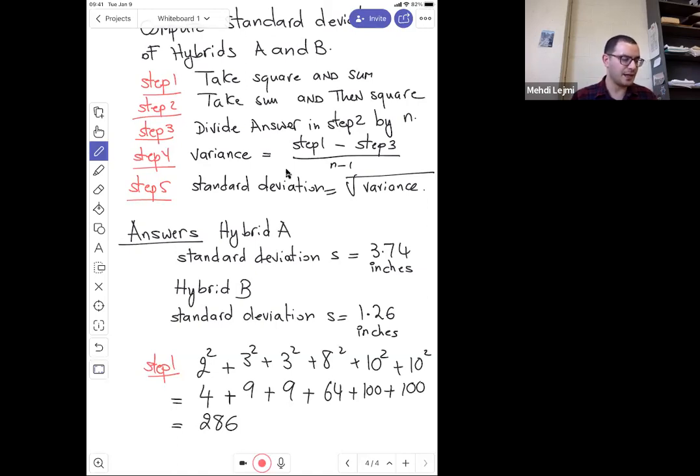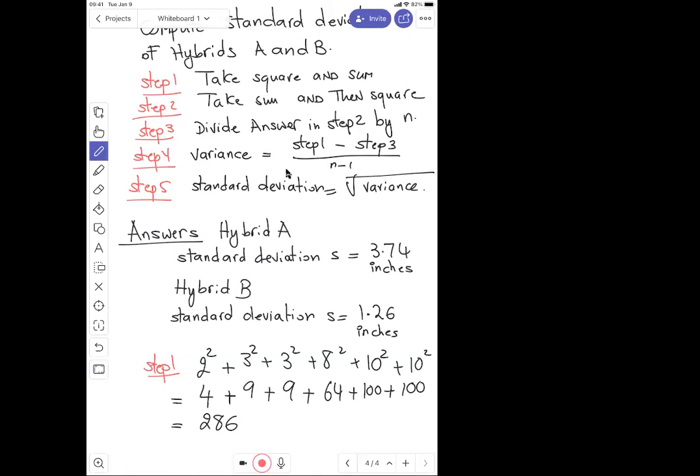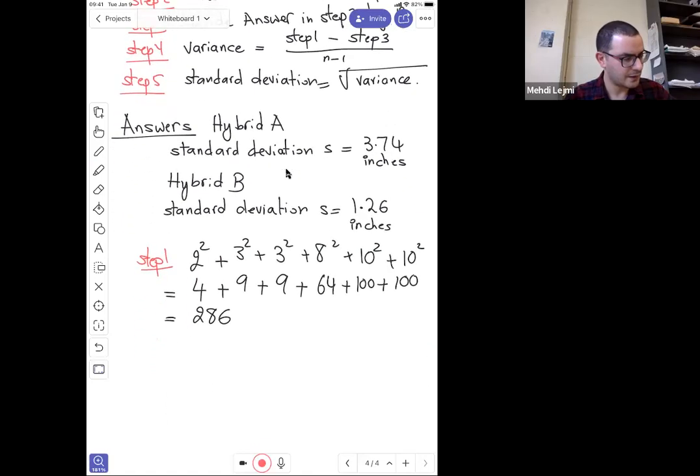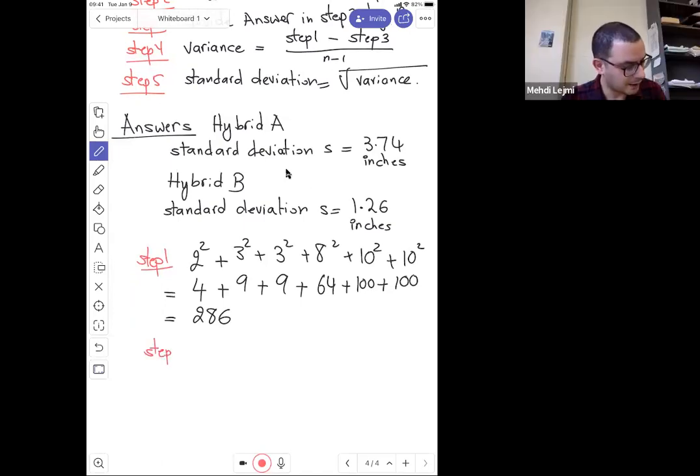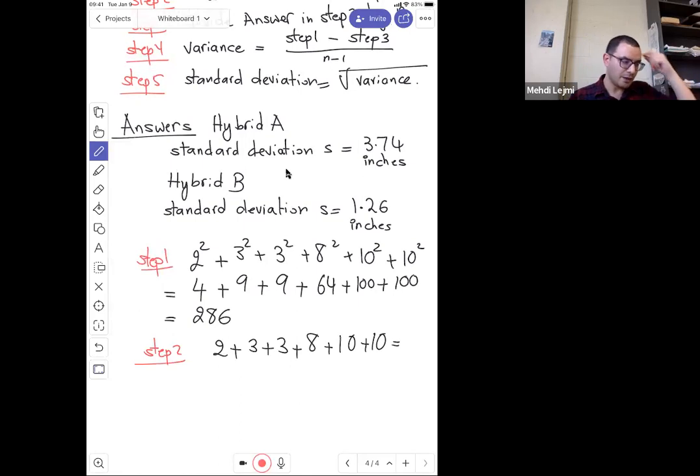Like you take 2 plus 3 plus 3 plus 8 plus 10 plus 10, which is 36, and then you take the square of the 36, not the square of 286. Oh, okay.